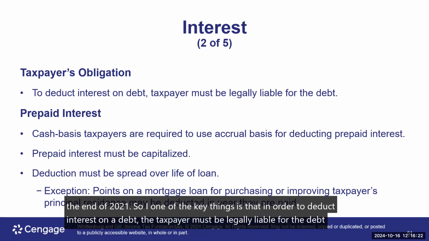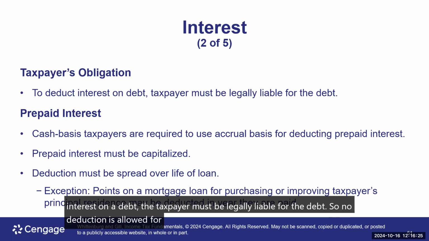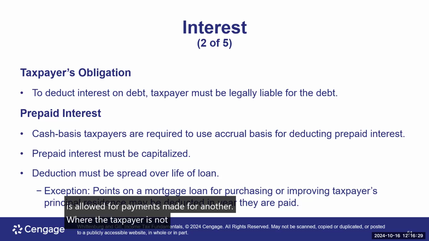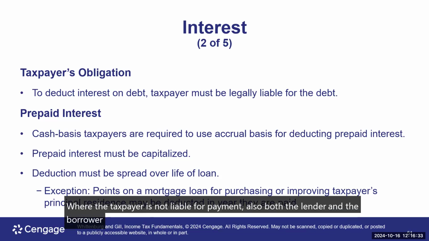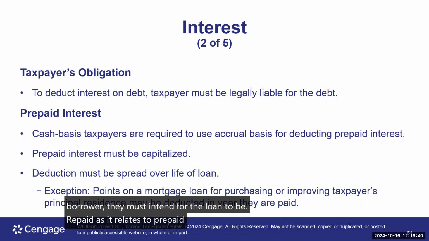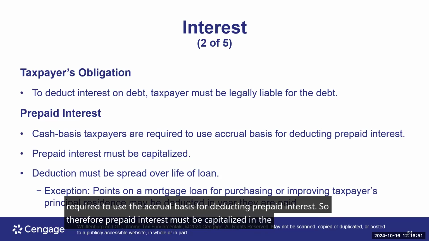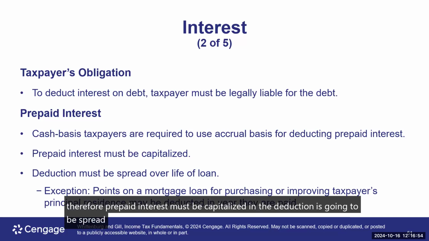So no deduction is allowed for payments made for another's obligation where the taxpayer is not liable for payment. Also, both the lender and the borrower must intend for the loan to be repaid. As it relates to prepaid interest, cash basis taxpayers are required to use the accrual basis for deducting prepaid interest. Therefore, prepaid interest must be capitalized and the deduction is going to be spread over the life of the loan.